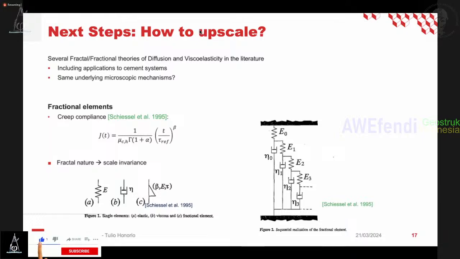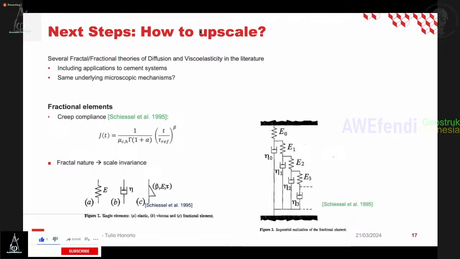In this reference, what is very interesting is that when we are looking for rheological models, generally we are working with a spring and a dashpot. Thank you. So we can also define a third element, which would be the fractional element.